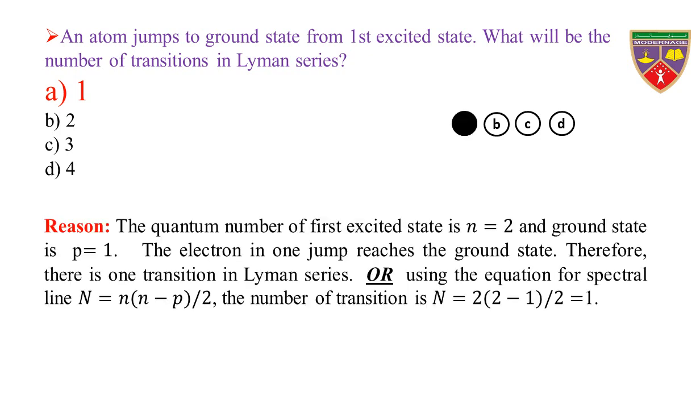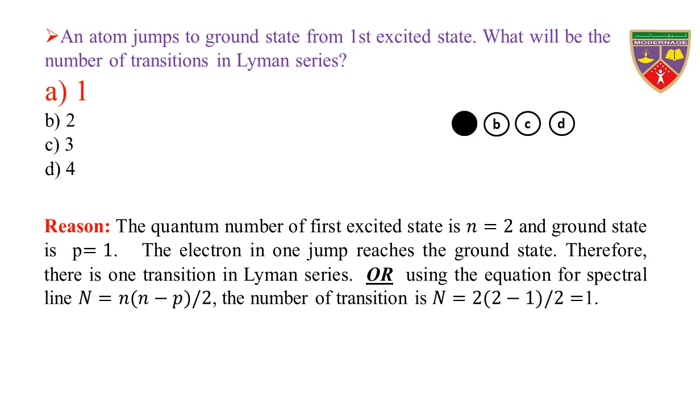Reason: the quantum number of the first excited state is n is equal to 2 and the ground state is p is equal to 1. The electron in one jump reaches the ground state, therefore there is one transition in the Lyman series.